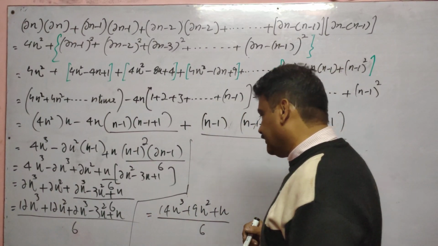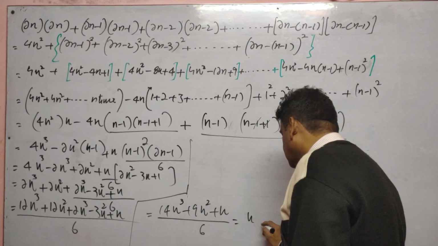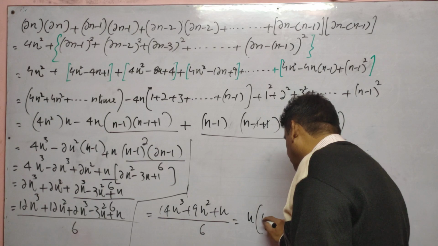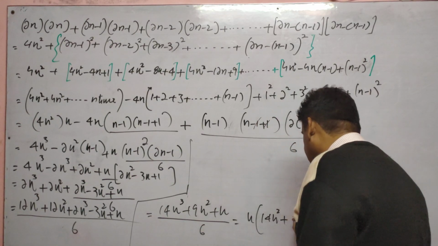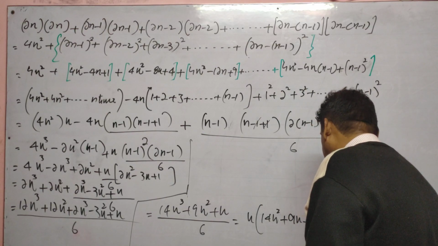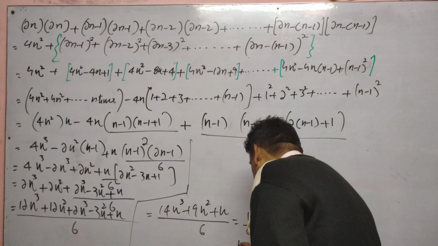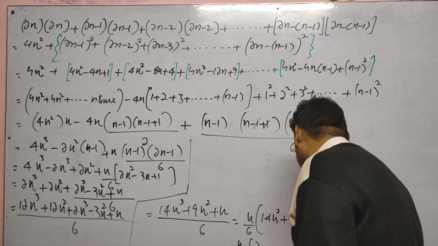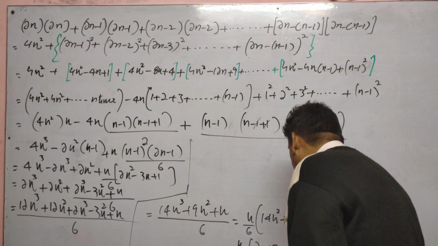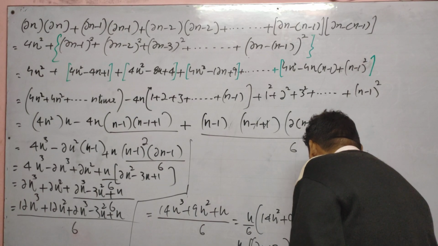By taking n as common, we will get n times 14n squared plus 9n plus 1, divided by 6. By factorizing, we will get n by 6, 2n plus 1, 7n plus 1.